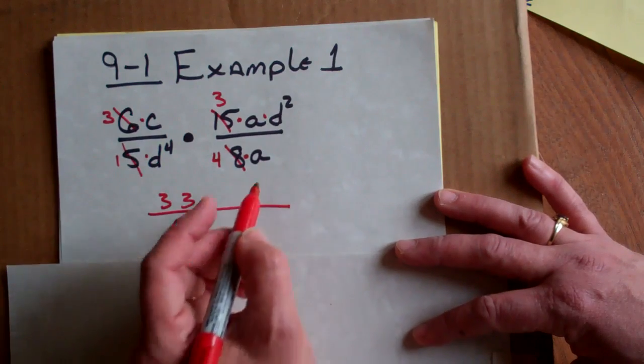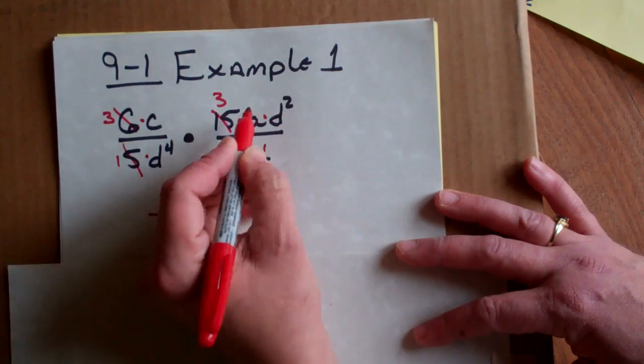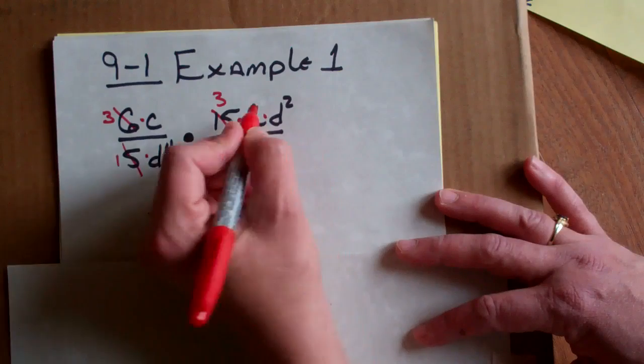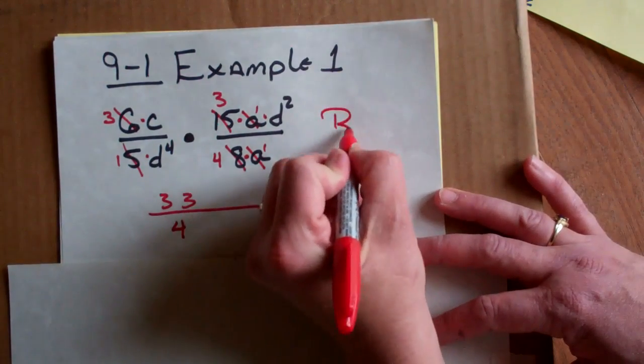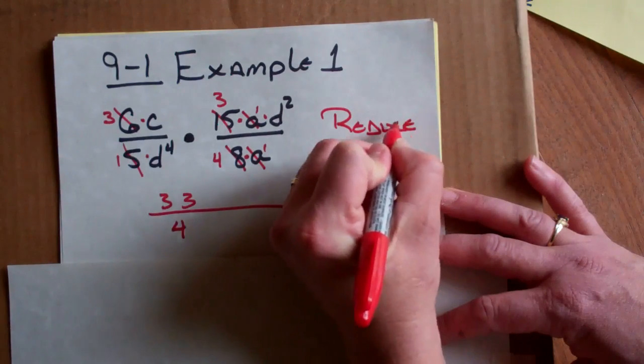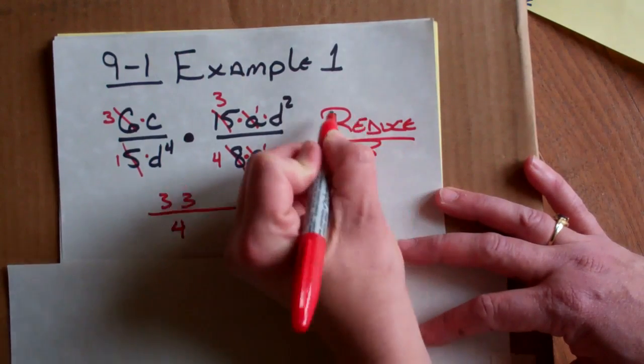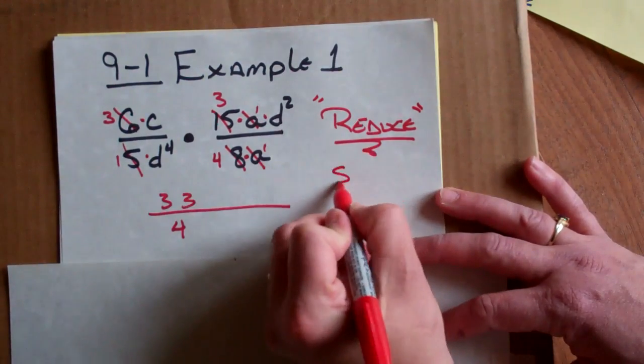What else can we reduce? Well, there's a common factor of a over a. Because it's all multiplying, I can reduce those values. Notice I'm saying reduce. I'm not saying anything else. It's reducing or simplifying.